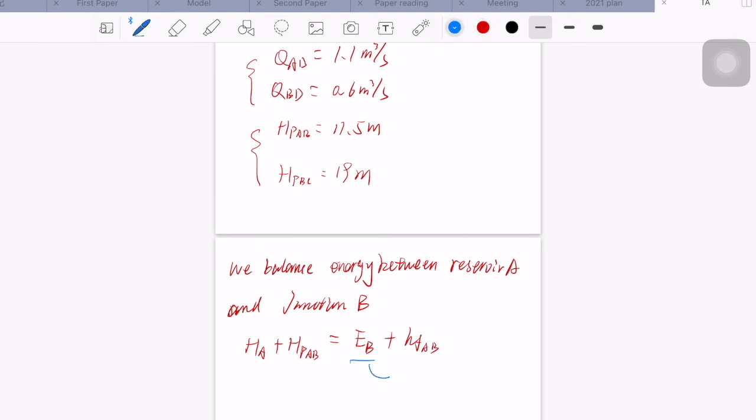The EB is the total energy head at junction B.